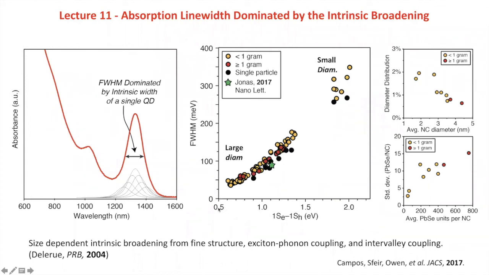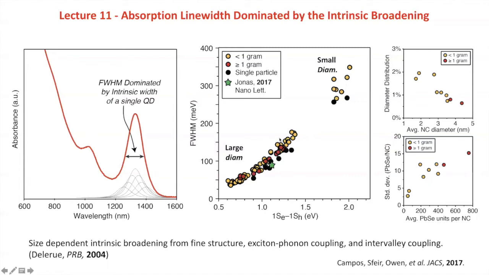So as you go from low energy to high energy, the spacing of the 1s to 1s electron to hole transition, or the first excitonic transition, as you go from low energy to high energy, you're going from large crystals to small crystals. Okay, FWHM is the full width half max of this peak. And as you go from large crystals to small crystals, the width of that peak actually goes up.